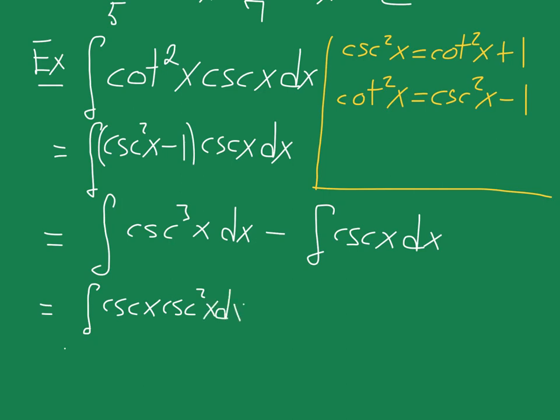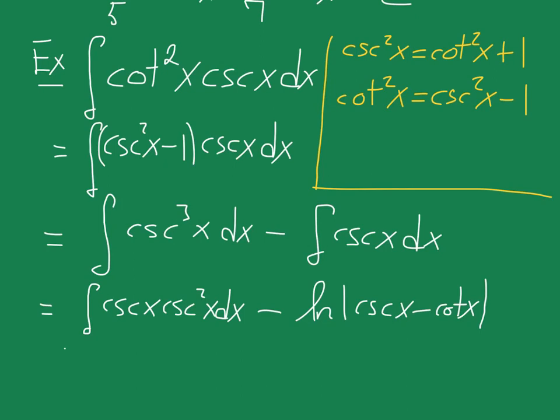This is exactly how we started our integral of secant cubed x by parts. And then let's just evaluate this second integral here. You remember that this is equal to the log absolute value of cosecant x minus cotan x. And we'll leave off our constant for now until we're done integrating.